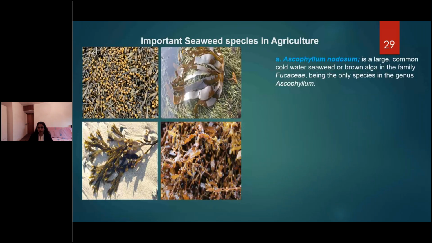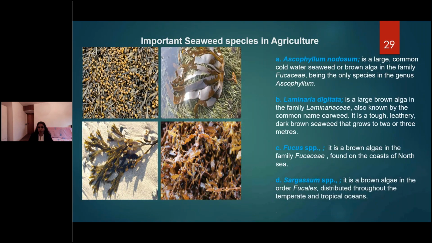This is just a small overview of how it looks. I've taken only four important species since I don't have much time to concentrate on all the species. In the first picture you can see Ascophyllum nodosum. It's a large, common cold water seaweed or brown alga in the family Fucaceae, being the only species in the genus Ascophyllum. The second picture is Laminaria digitata.